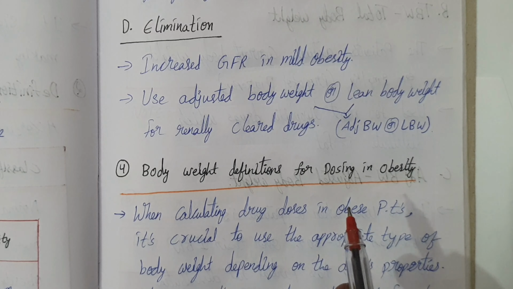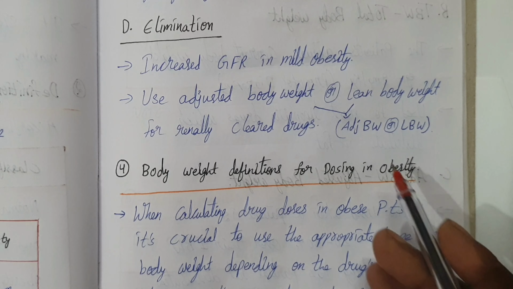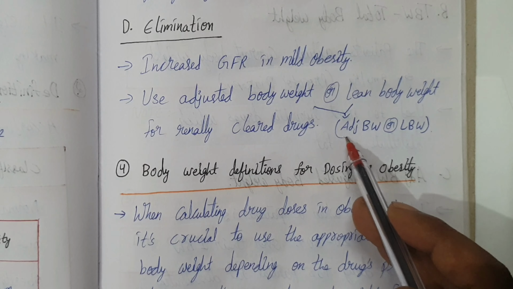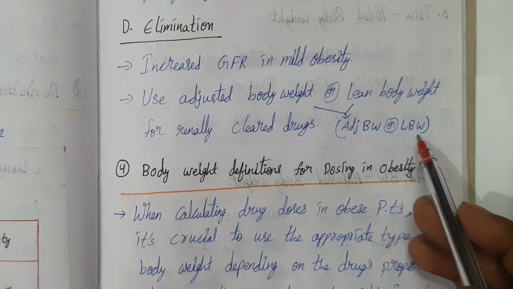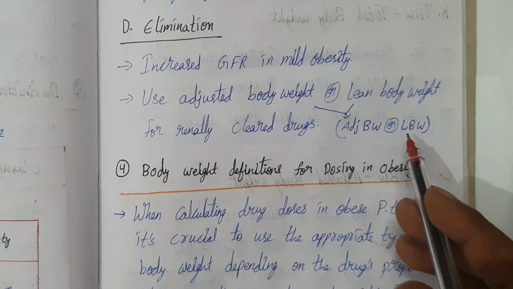Here we are not using the total body weight formula to adjust the dose, but instead we are using adjusted body weight or lean body weight formulas. What are they? We'll discuss later.